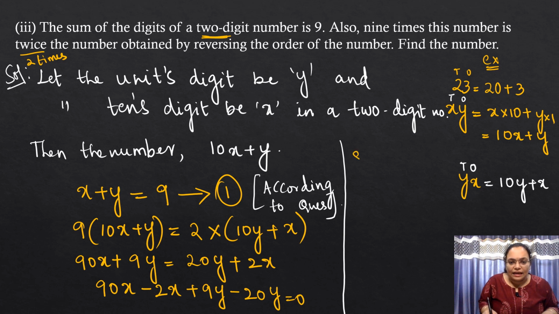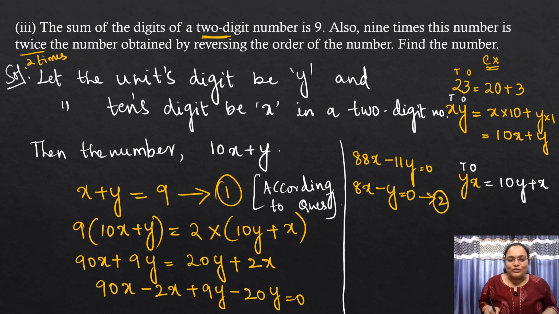So you will get 88x minus 11y is equal to 0. If you take 11 common, you will get 8x minus y is equal to 0. This will be your equation number 2.